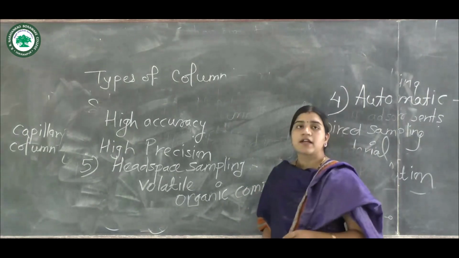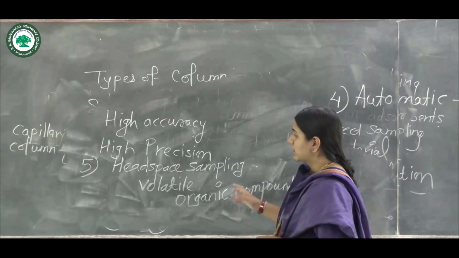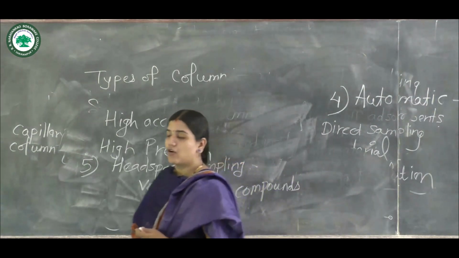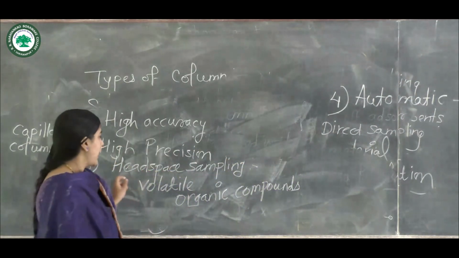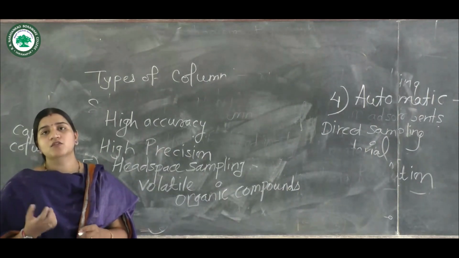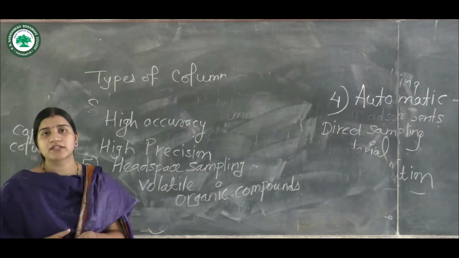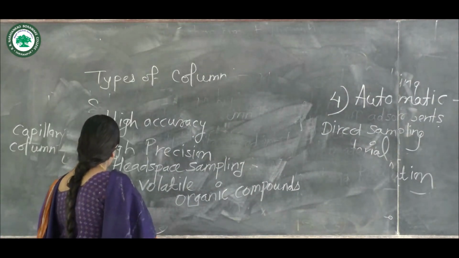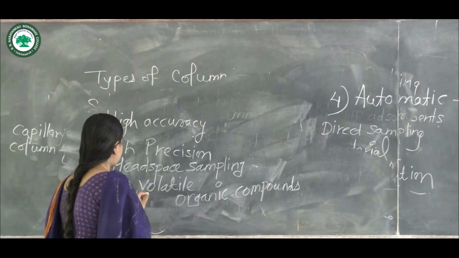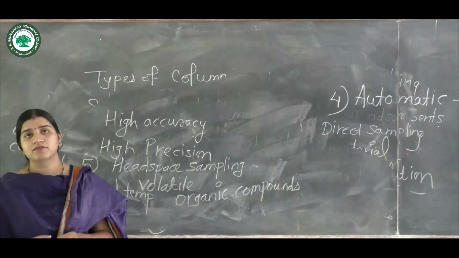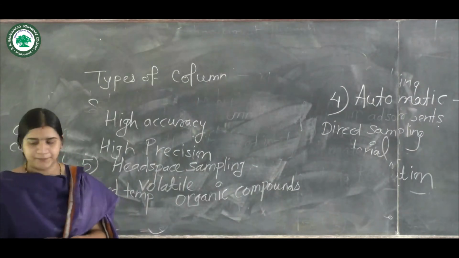Hence, headspace sampling is particularly used for the analysis of volatile organic compounds, and what is the most important step here? You have to maintain the column at a fixed temperature. So the whole experiment should be carried out at a fixed temperature whenever you are dealing with headspace sampling.